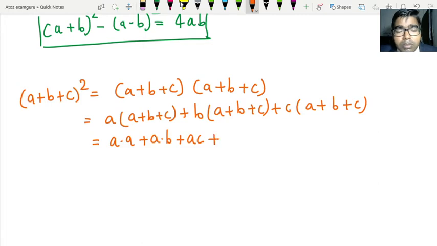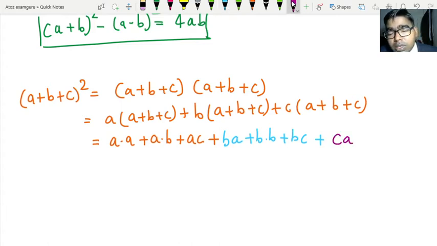And now multiply b with all the terms, change the color so you can differentiate. This will become b into a, b into b, then b into c, and now c into a, then c into b, then c into c.